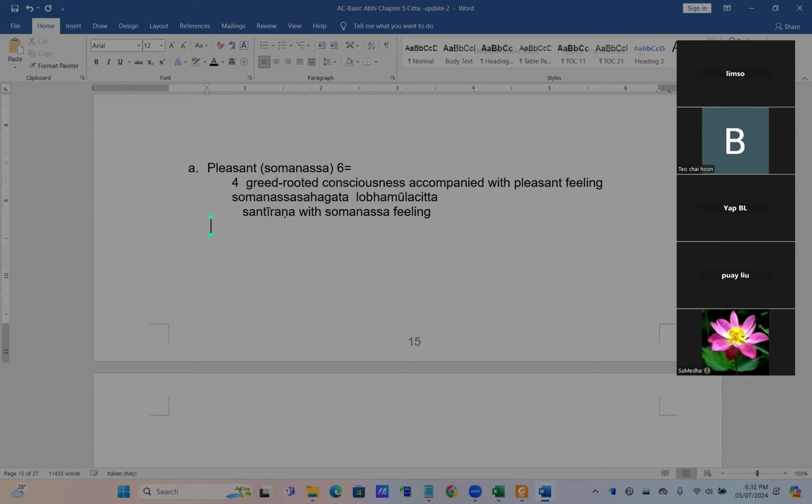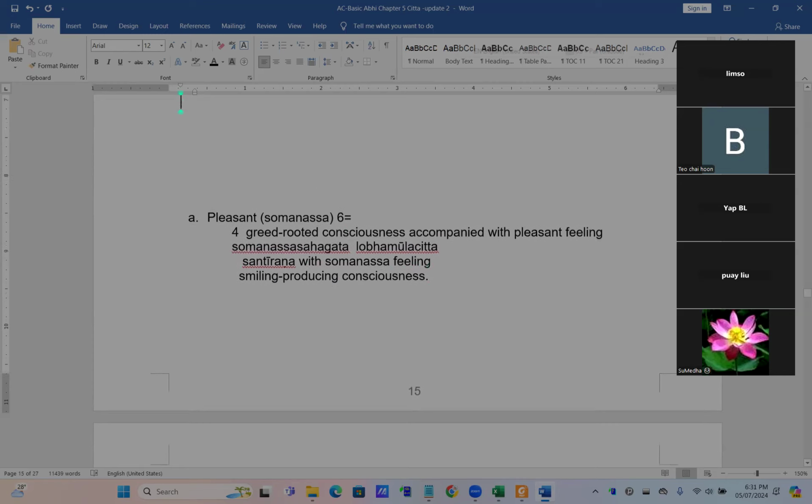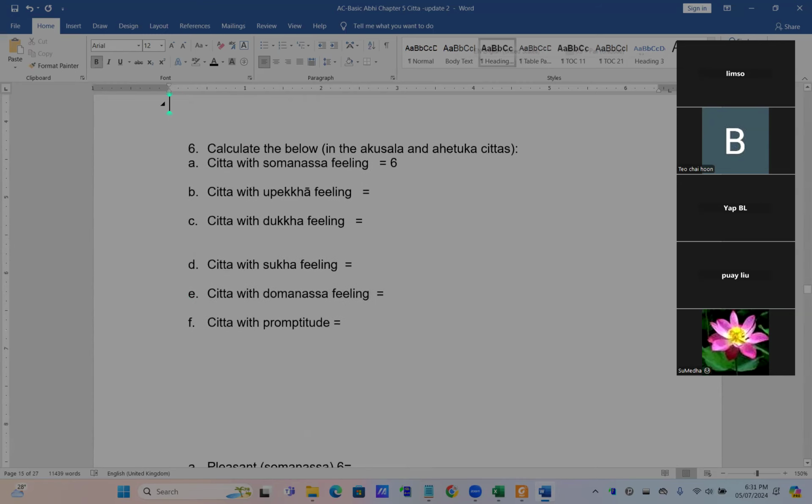Another one is the Hasituppada, smiling producing consciousness. So you got 6. Okay. So this one you just need to refer back to the charts or the book again.